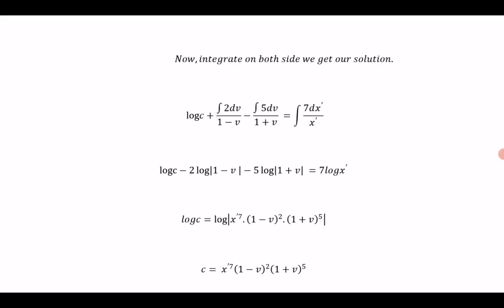Log c minus 2 log of (1 minus v) minus 5 log of (1 plus v) equals 7 log x prime, which on converting gives log c equals log of x prime raised to 7 times (1 minus v) whole square times (1 plus v) raised to 5. Cancelling log on both sides, we get c equals x prime raised to 7 times (1 minus v) whole square times (1 plus v) raised to 5.